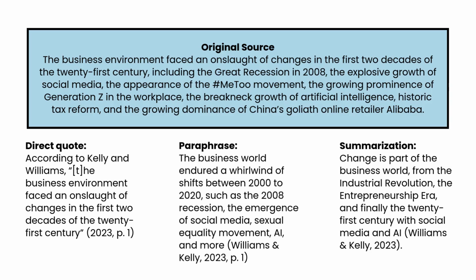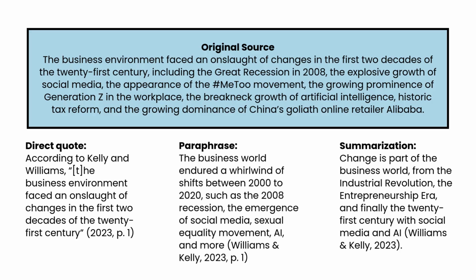If you reword or rephrase their idea but keep the same meaning, that's considered paraphrasing and should include an in-text citation. For example, if the original source uses the phrase, "The business environment faced an onslaught of changes in the first 2 decades of the 21st century," and you use the phrase, "The business world endured a whirlwind of shifts between 2000 to 2020," you are paraphrasing the original source.